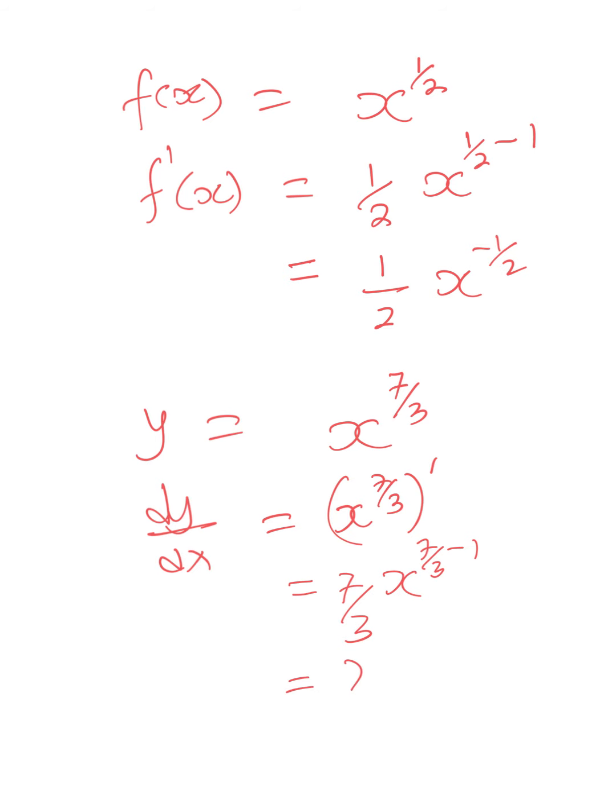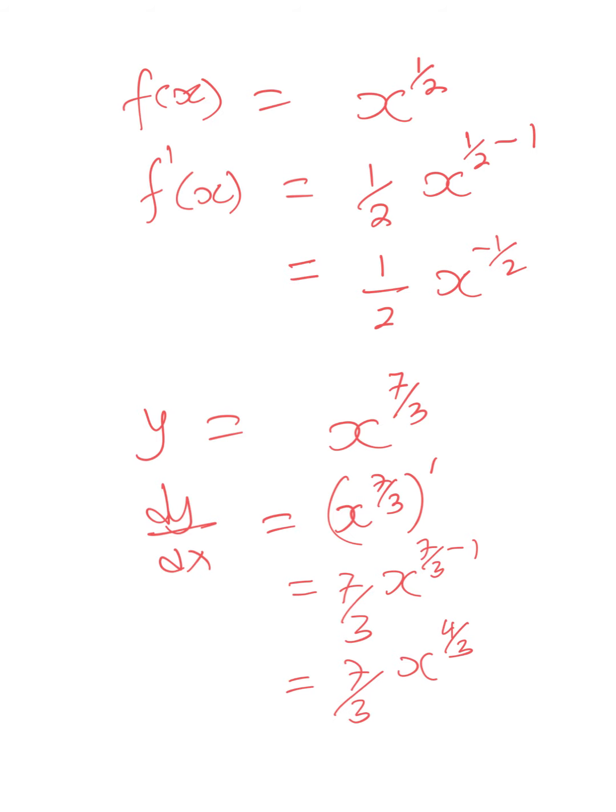This is going to be 7 over 3 of x to the power 4 over 3, because 7 over 3 minus 1 is 4 over 3. So this is how we go about powers of x.